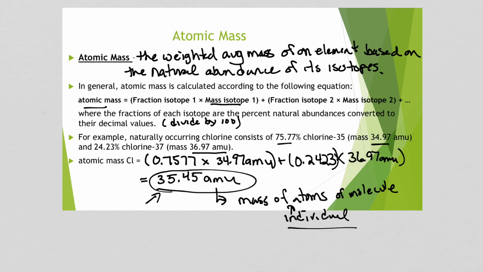We have a whole bunch of atoms, so we need to be able to deal with an average mass. And so that's the purpose of these average atomic masses, so that we can use that in our calculations as the mass of an average particle, even though no actual particle has that exact mass.